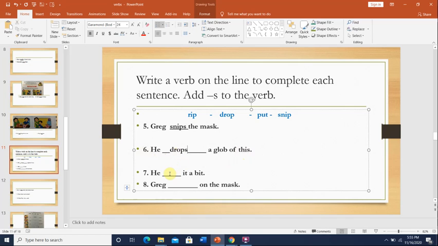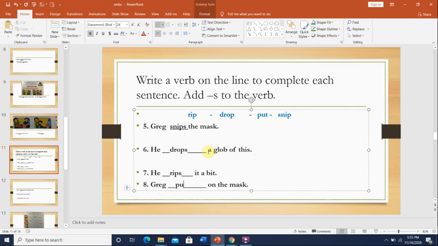Okay, number 7. He blanked it a bit. Here, he cut or ripped a piece of the mask. Okay, so number 7, he ripped, and we will add an S to the verb to show that that is happening in the present. He rips it a bit. Okay, number 8. Greg put on the mask.